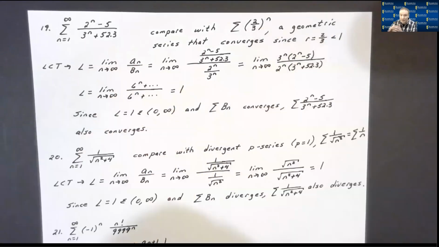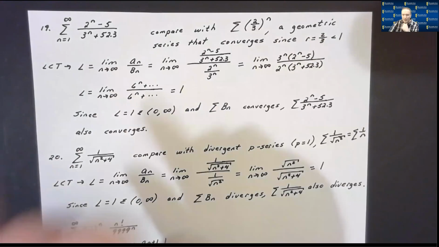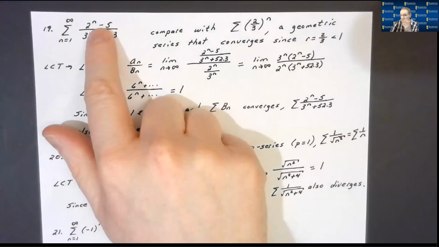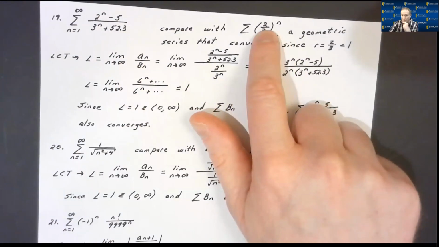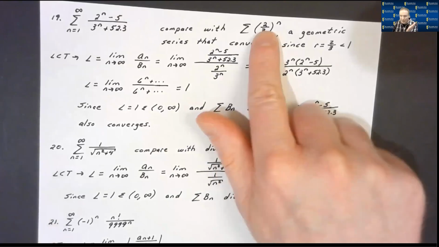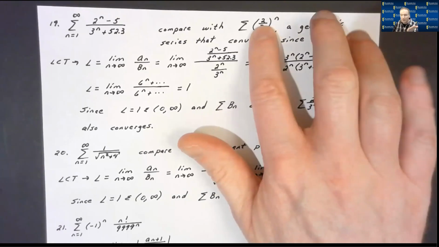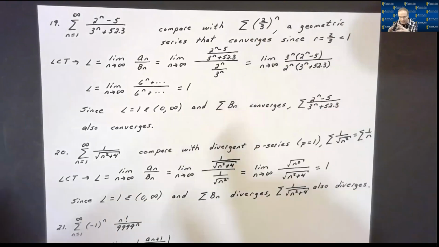Now, what the limit comparison test asks us to do is just take the limit as n approaches infinity of the general term of the series we don't know, divided by the general term of a series we do know. And if we can show it's some constant multiple of that other term, now think about the logic here.